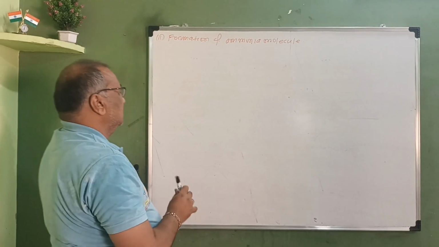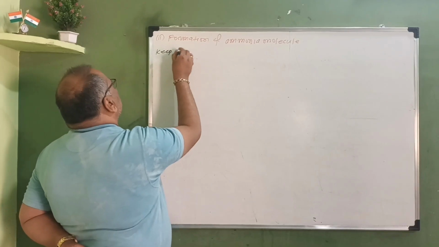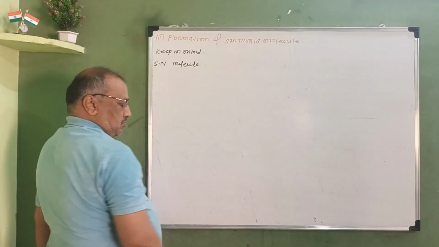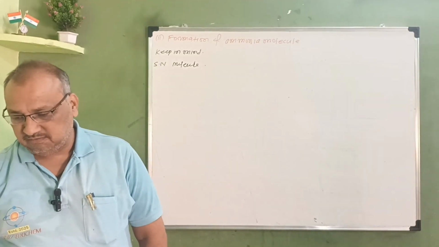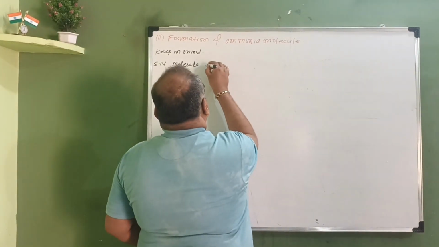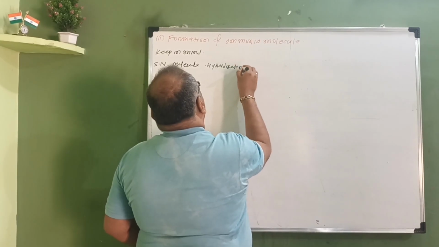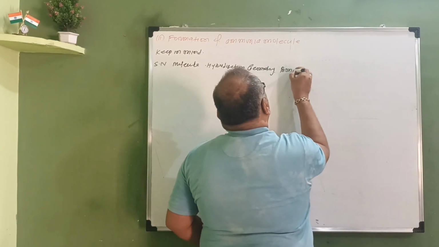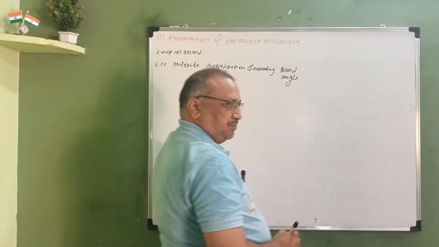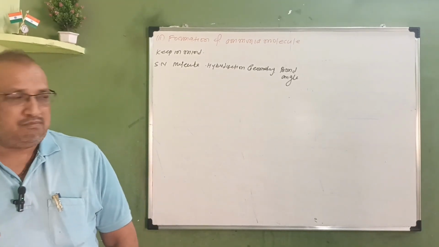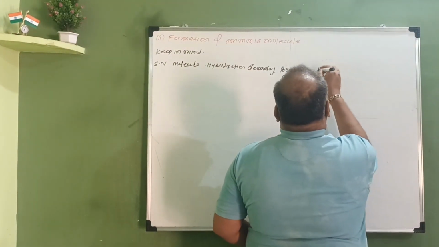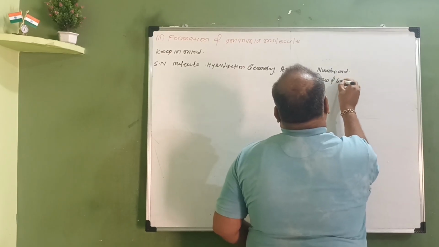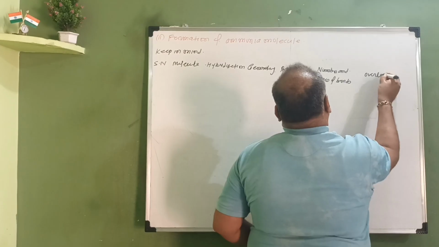That means here write down keep in mind: serial number, molecule, then hybridization, geometry, bond angle, number and types of bond, and here write down overlap.